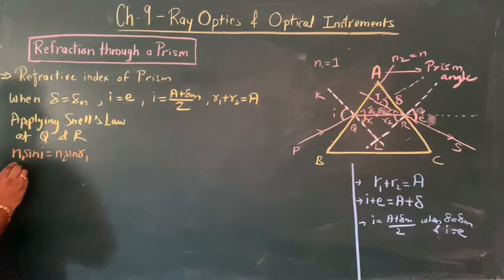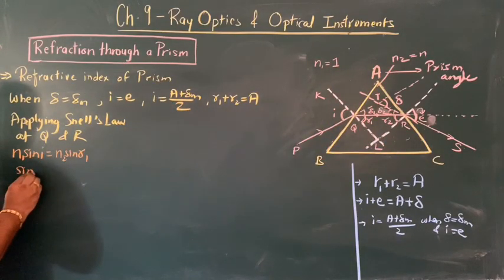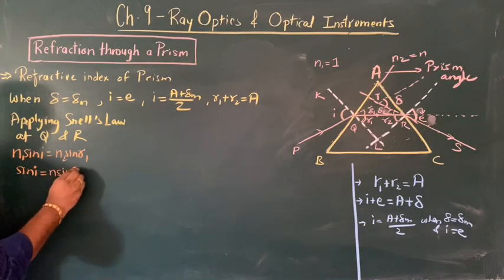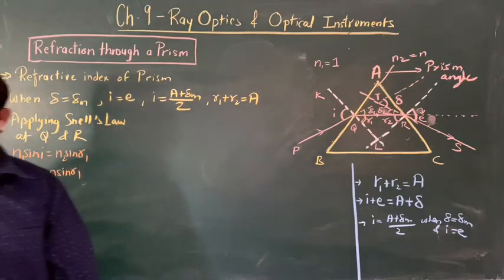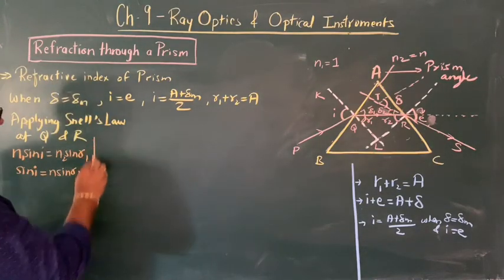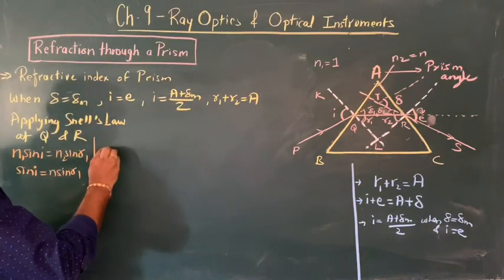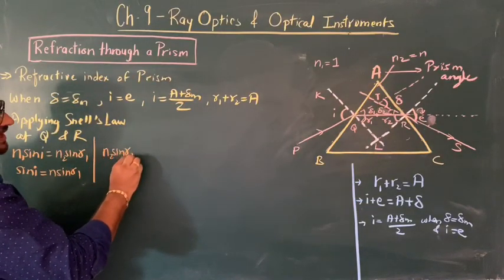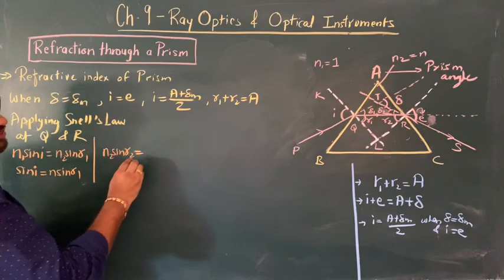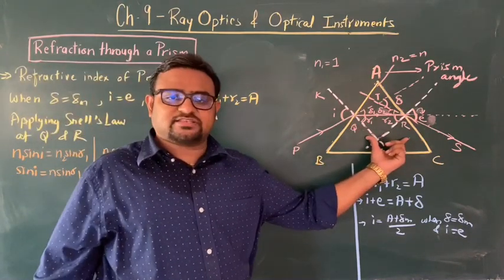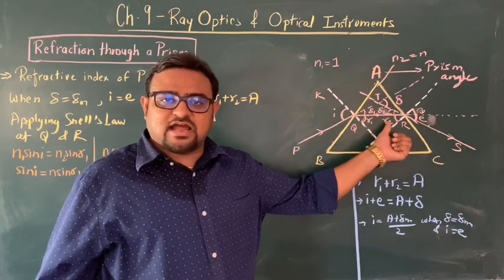So N1 is the air medium, so 1 sine I equal to N2, that is N, sine R1. Next, at point R, we have N2 sine R2 equal to N1 sine E. Refractive index N2, angle of incidence R2.